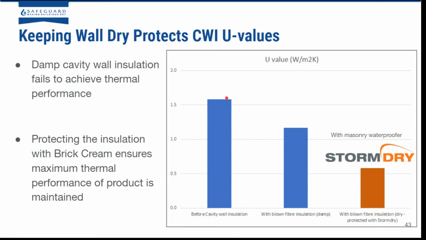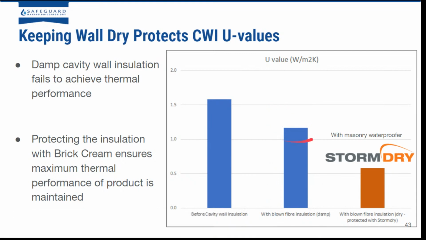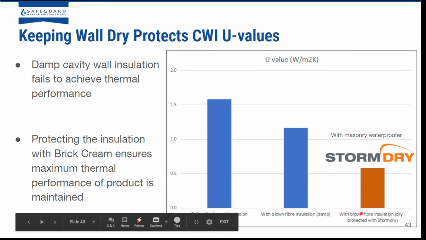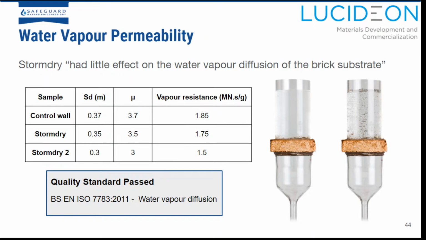The lower the U value, the better the insulation. So if you put blown fibre insulation in but that gets damp, you actually haven't really improved on that U value very much. So you've only gone down to about 1.2. Whereas if you keep that cavity wall insulation dry, such as with something like Storm Dry, you're getting much better thermal performance, and that's making sure that you're keeping the maximum performance of your product and getting your insulating value.